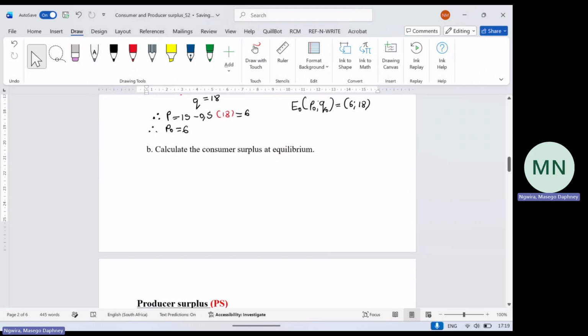Number B says calculate the consumer surplus at equilibrium. So we have the formula. The formula says my consumer surplus is equal to half times Q naught times my Pmax minus my P market.